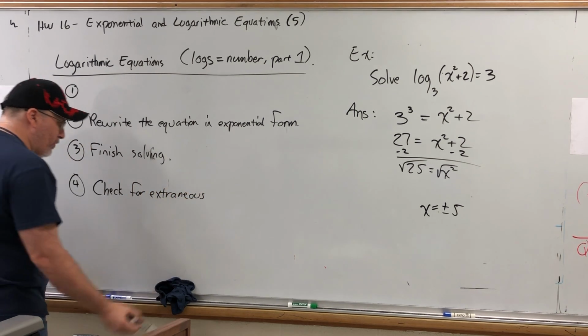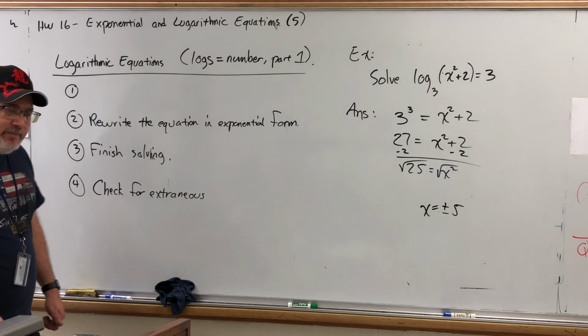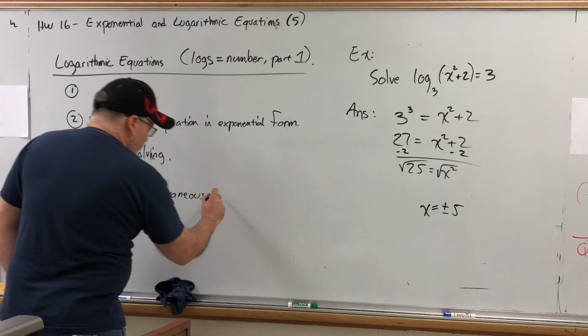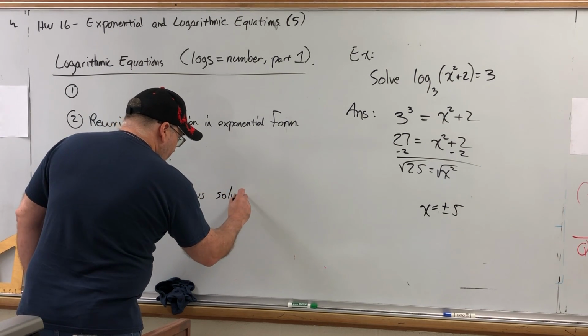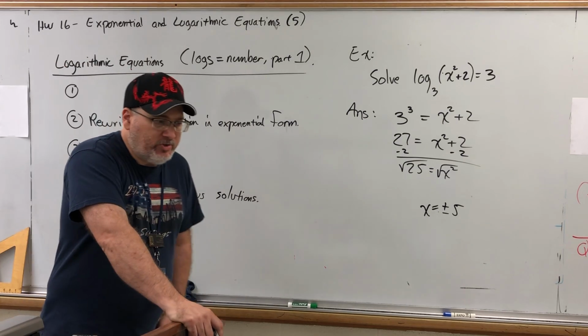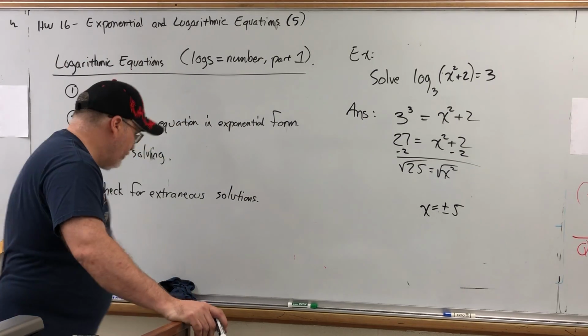Extraneous. I'm not sure if I've used that word before. I think I did when we talked about solving radical equations. But you check for extraneous solutions. Now what does that mean in this context? Our equations have logs, and we can't log negative numbers.